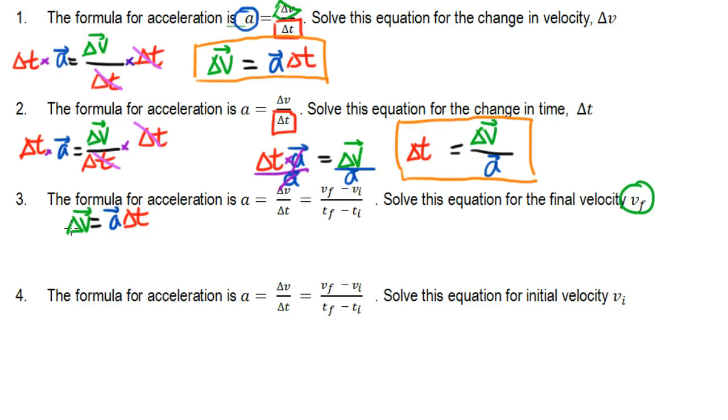So change is just final minus initial. And so as we see here, delta v equals v sub f minus v sub i, v final minus v initial. And so delta v here, I'm going to expand to v final minus v initial, and that will equal a times delta t.